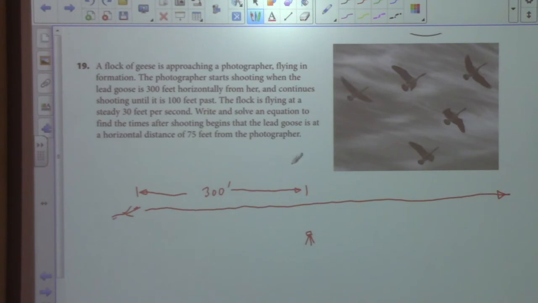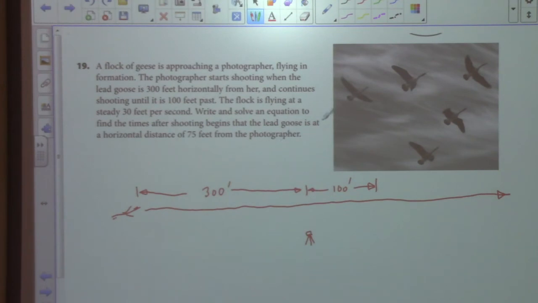And we look at it, and it says the lead goose is flying 300 feet horizontally from her and continues shooting until it's 100 feet past. And so here's another 100 feet, right?